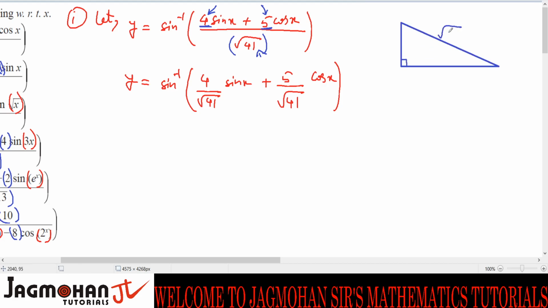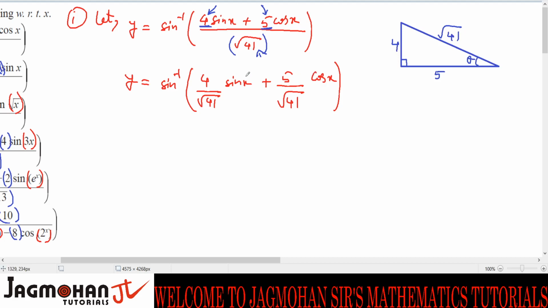This can be considered as root 41, this is 4 and this is 5. If I take this angle as theta, sine theta will be 4 upon root 41 and cos theta will be 5 upon root 41. You understand, students?